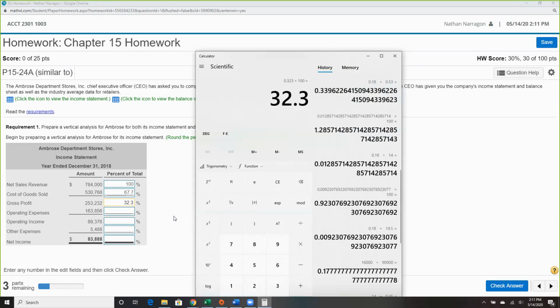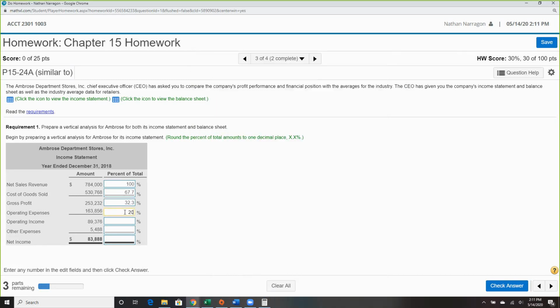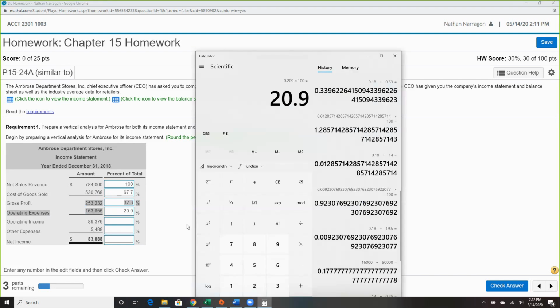Operating expense, $20.9. So again, all you're doing is, since this is pretty much based on sales, sales will be your 100%. And you take all the additional numbers and you divide it by net sales. So that's all I'm doing right here.